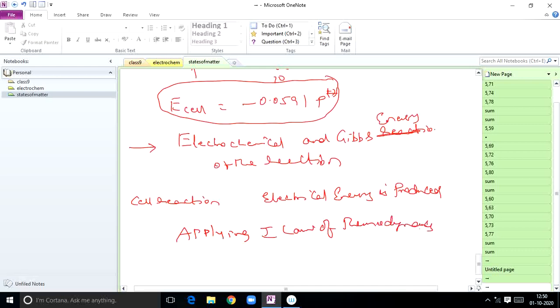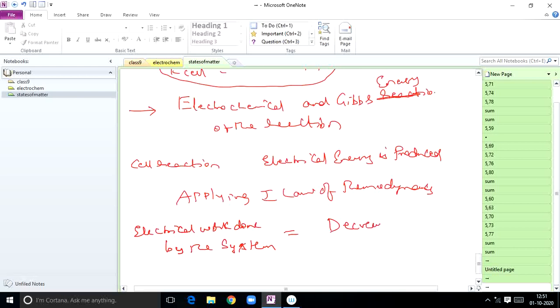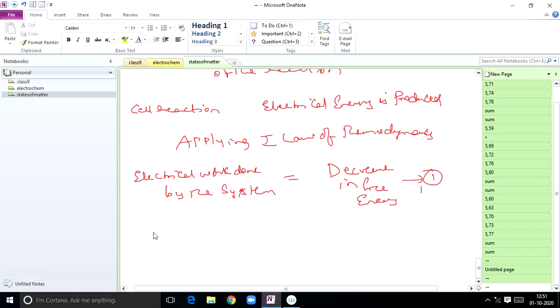So if I apply first law of thermodynamics, there is one relation here. Electrical work done by the system is equal to decrease in free energy. Very, very important. Electrical work done by the system is equal to decrease in free energy.